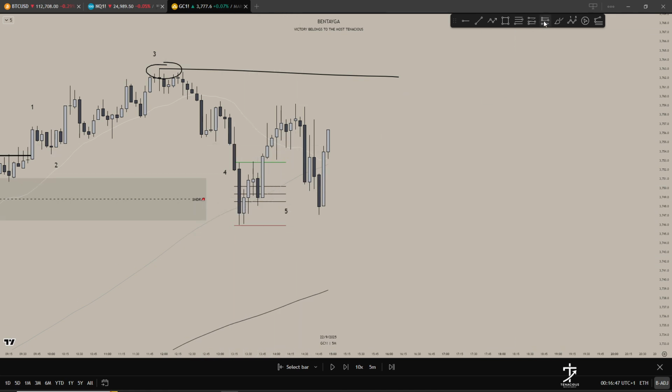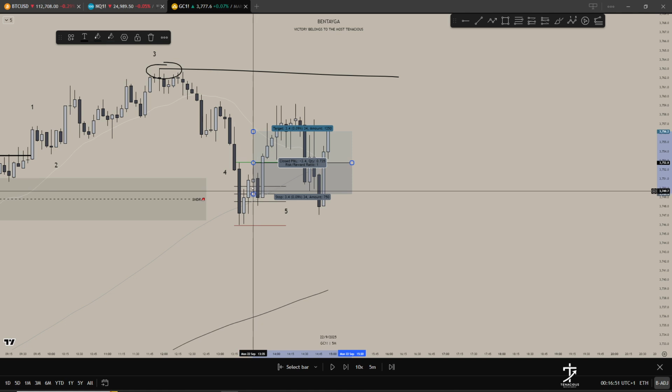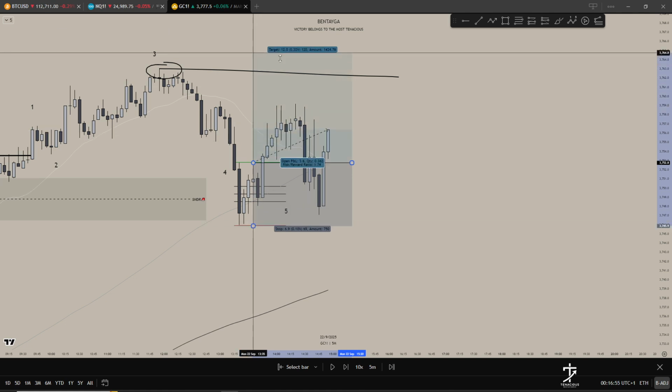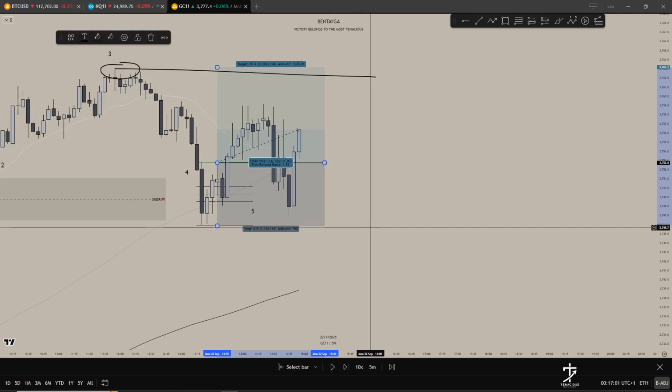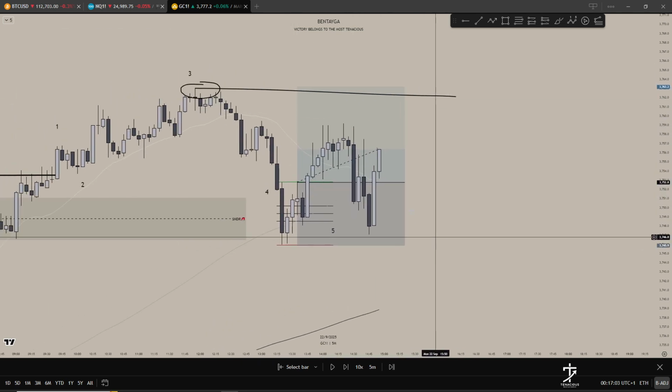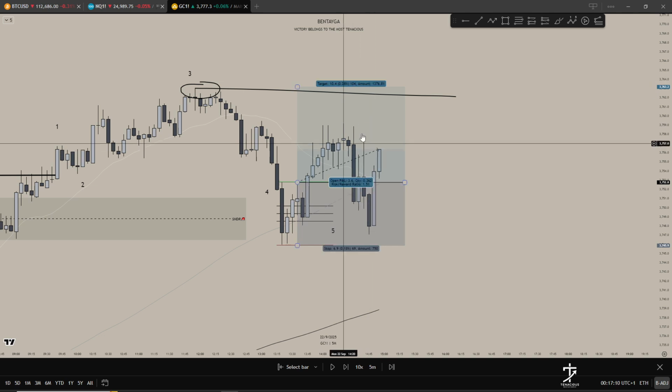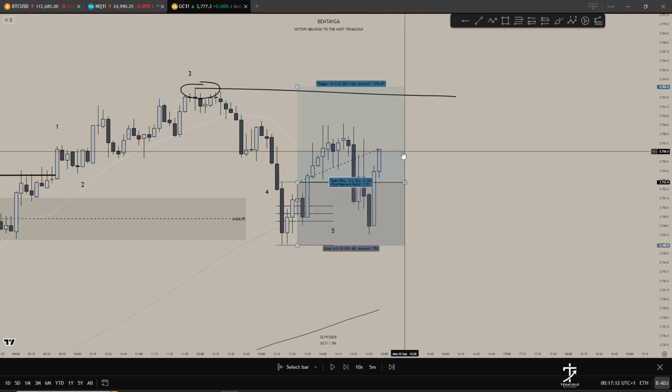So again, stop below that low, target a 1.3, what Dave normally says, 1.2, 1.3, and then that could be you done. So again, you may have moved your stop to break even fairly quickly, and you've now been stopped out. So it really depends on what entry method you use.